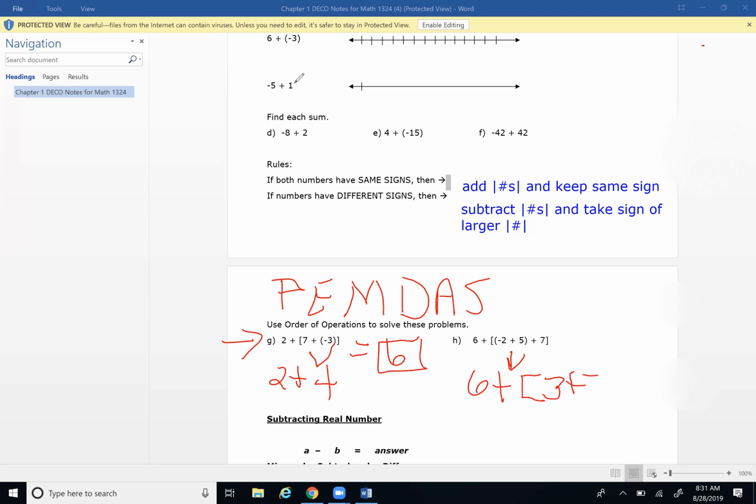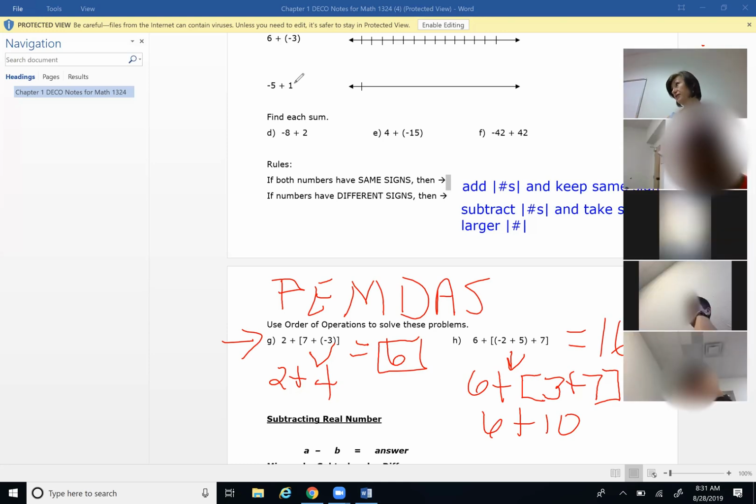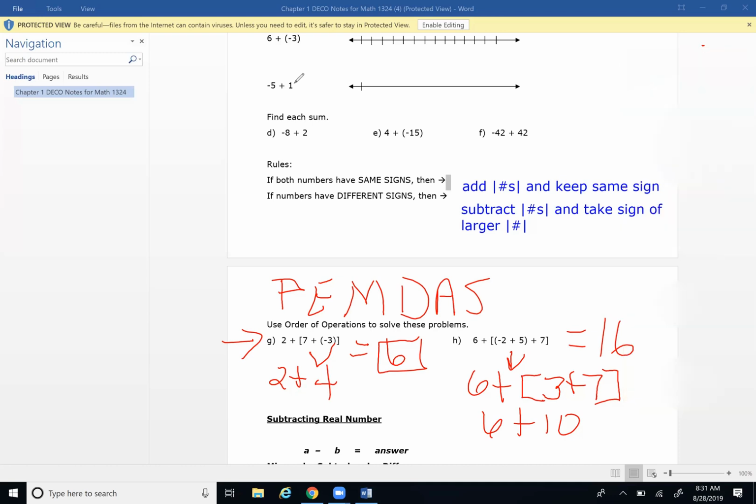Then that's going to have 7 added to it, which is how much? 10. So 6 plus 10 is? 16. All right. So if I were to ask you real quickly, how many of you got both of these right? Let me see, thumbs up. Okay, perfect.